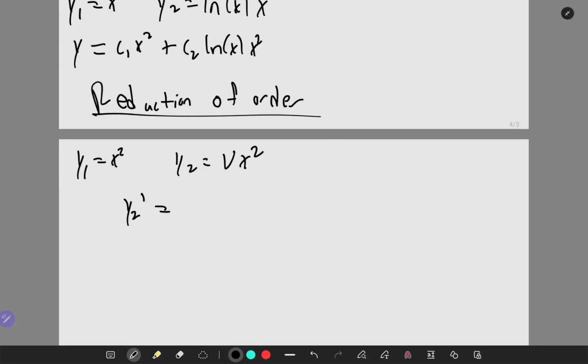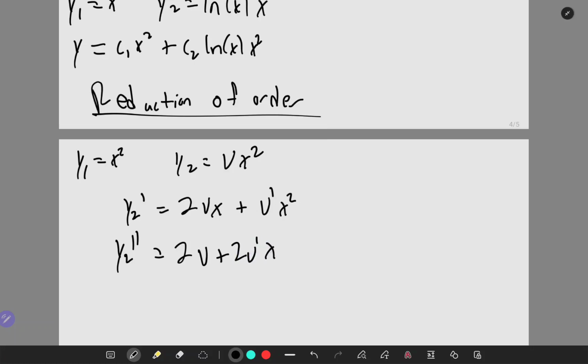Y2 prime would be 2vx plus v prime x squared. Y2 double prime would be 2v plus 2v prime x plus v double prime x squared plus 2v prime x.